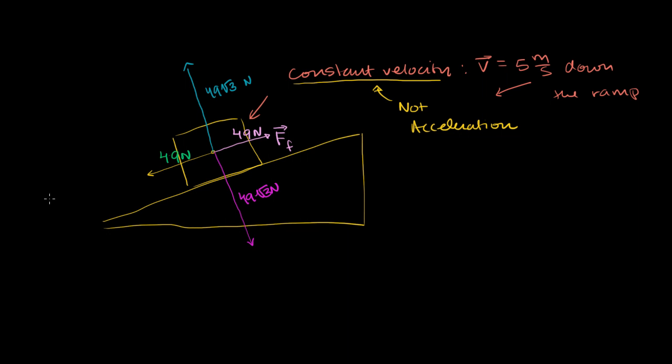So the coefficient of kinetic friction, we'll write it, so this is the Greek letter mu, and we put this little lowercase k here for kinetic, or you could kind of say moving friction, is going to be equal to the magnitude of the force of friction over the magnitude of the normal force.